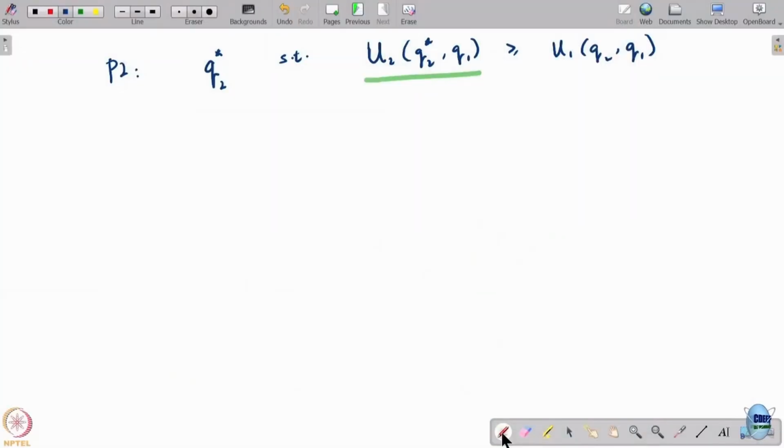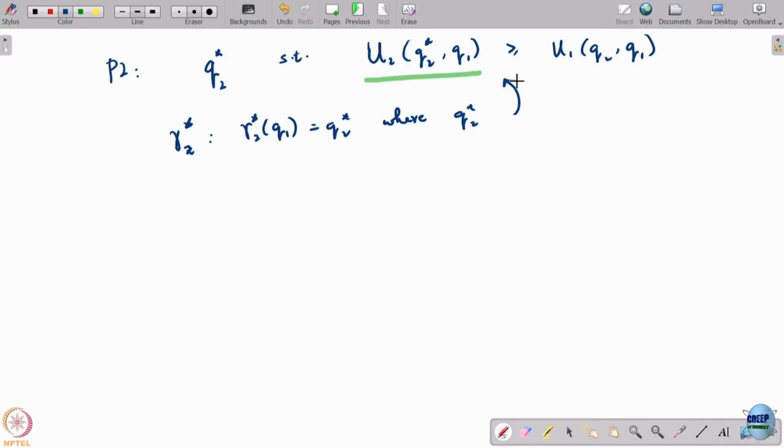So, a potential mode of play for P2 then is to play this strategy, let me call this gamma 2 star. What is gamma 2 star? Gamma 2 star, as a function of q1, produces a quantity q2 star, where q2 star satisfies this.